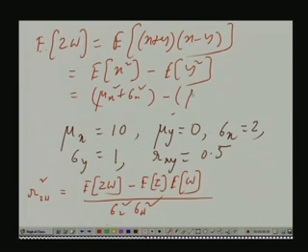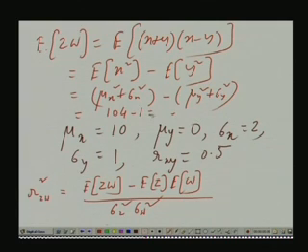Similarly, mu_y squared plus sigma_y squared. What is mu_x? 10. So, 100 plus 4, so 104, minus mu_y squared plus sigma_y squared; in fact, mu_y is given to be 0, sigma_y squared is given to be 1.